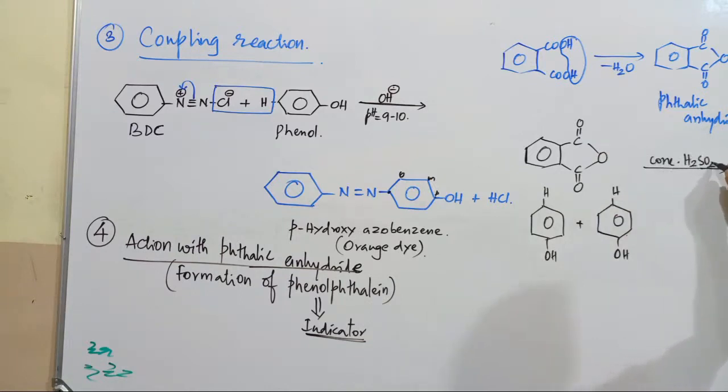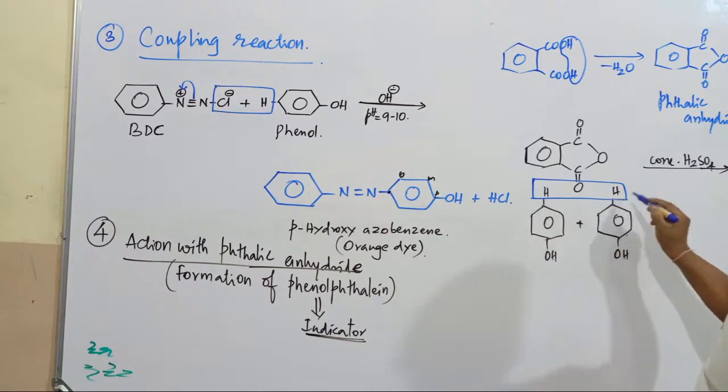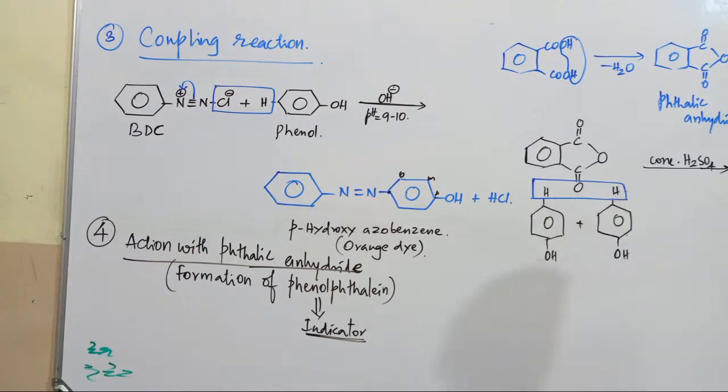What's the role of concentrated sulfuric acid, students? It acts as a good dehydrating agent. Observe this H and oxygen are eliminated as a water molecule. After elimination of that hydrogen as well as oxygen, what's the product here? Observe the product. This is C double bond O, this is carbon.